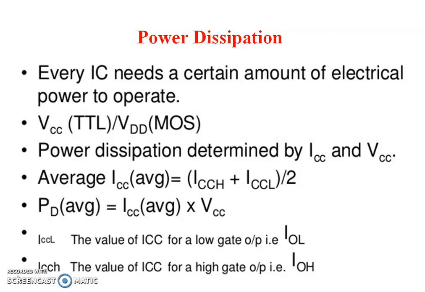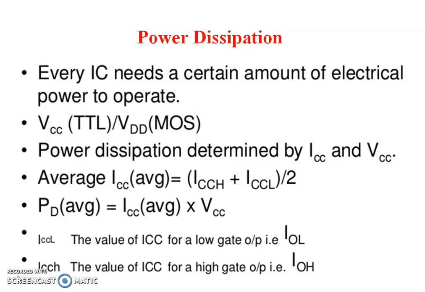The average value of power dissipation is equal to VCC into the average value of ICC. Usually there is one terminal for power supply in each IC, which is represented by VCC in transistor logic integrated circuits and VDD in CMOS ICs.